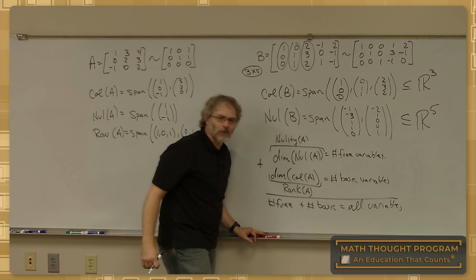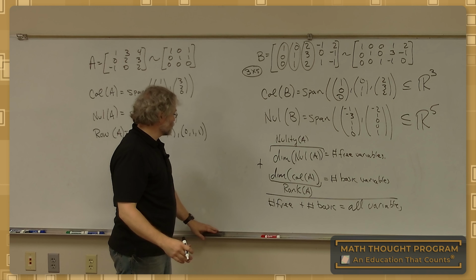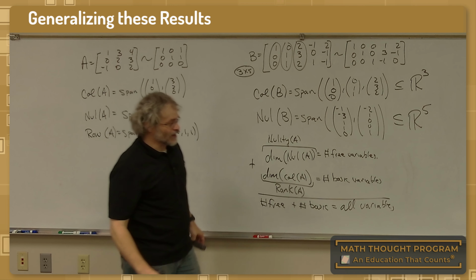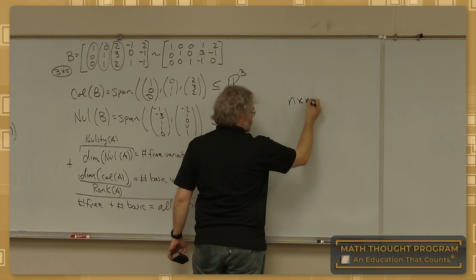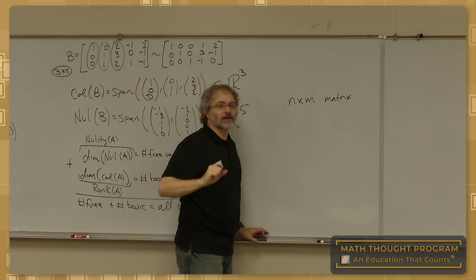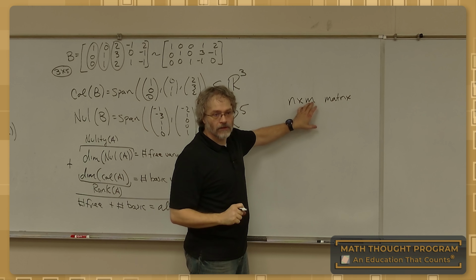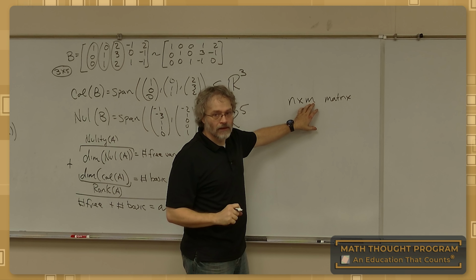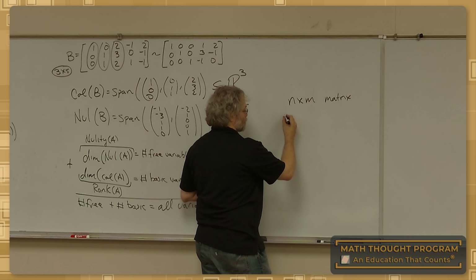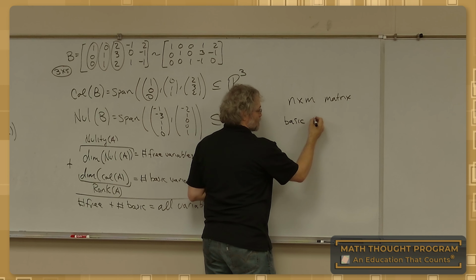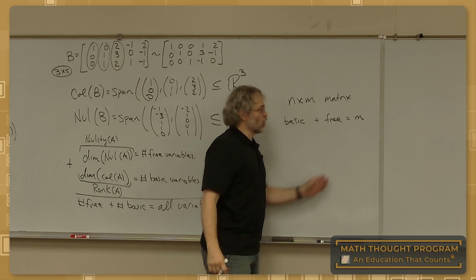Kind of a combinatorial reasoning there. So let's really flesh this out. If you have an n by m matrix, how many columns do you have? You have m columns. Variables can be free or they could be basic. So you have basic, you have free, and that constitutes all the variables in the system.